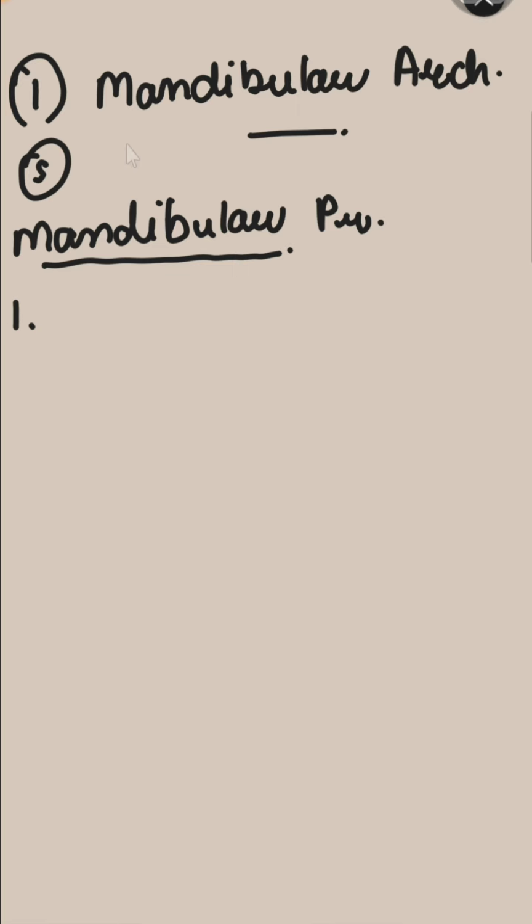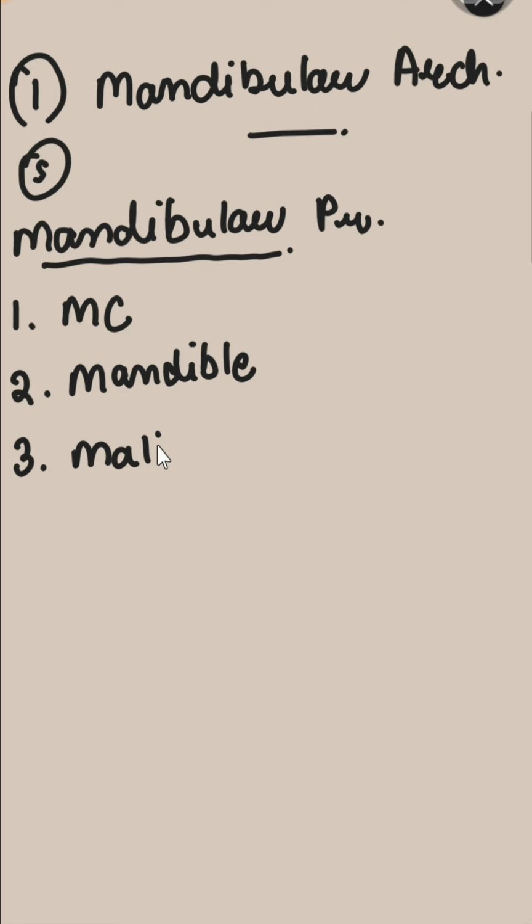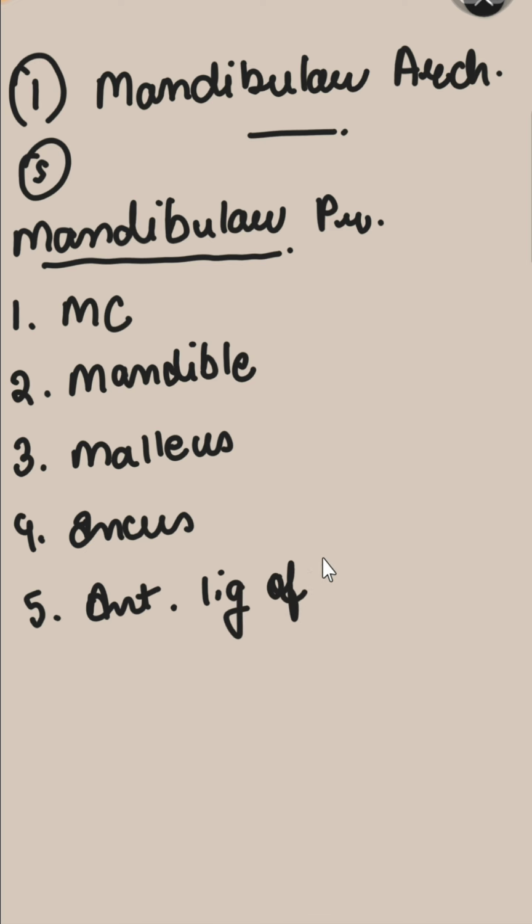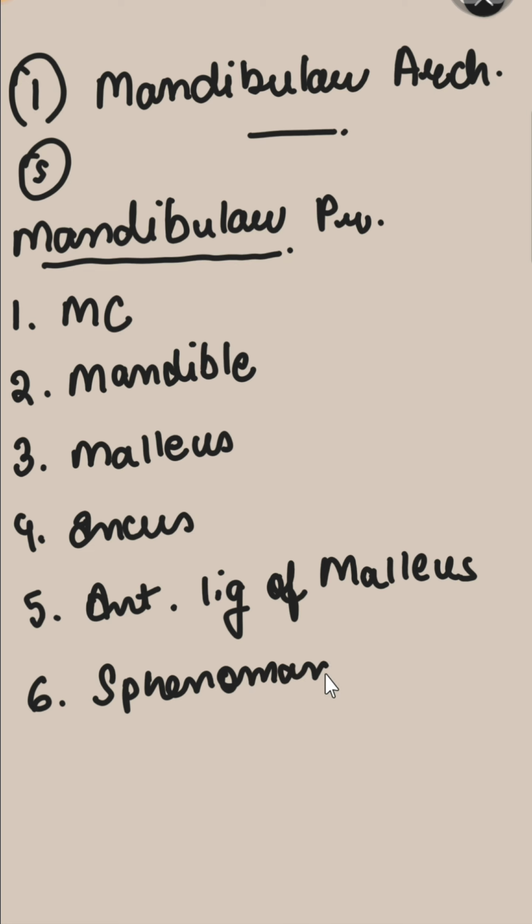From the mandibular process we have the Meckel's cartilage, then we have the mandible itself, malleus, incus, anterior ligament of malleus and sphenomandibular ligament. So these are the skeletal derivatives of the mandibular arch.